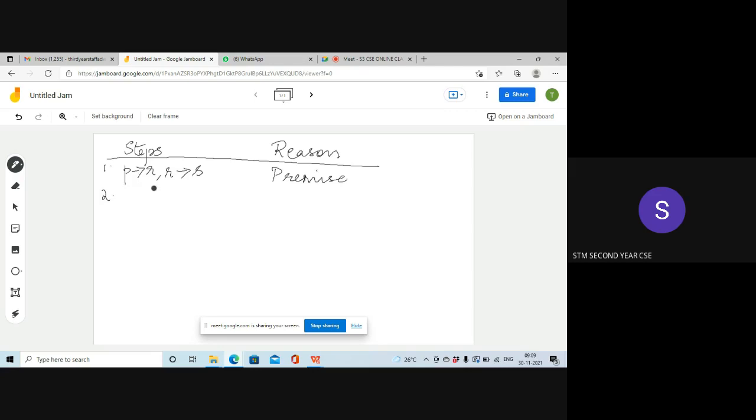Now, second step, what I'm going to do is take these two premises, P implies R and R implies S. Which rule can be applied here?